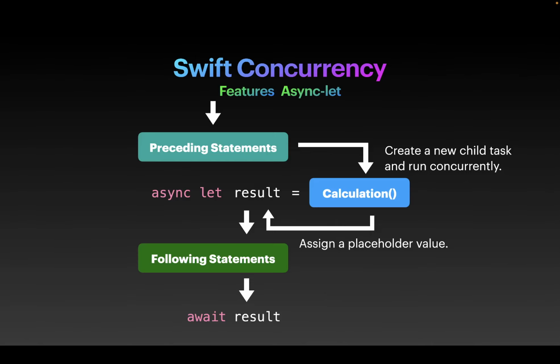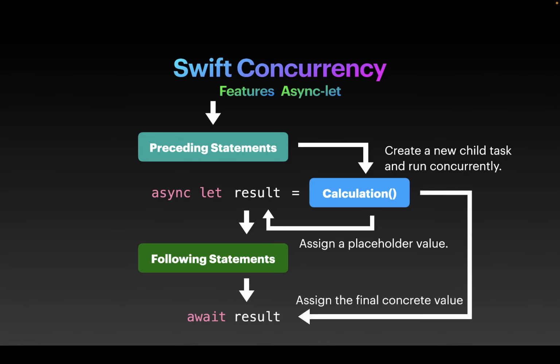When you await result, you wait for the calculation to finish and assign the final concrete value to replace the placeholder. Of course, you can do other things concurrently in this block, like the following statements.